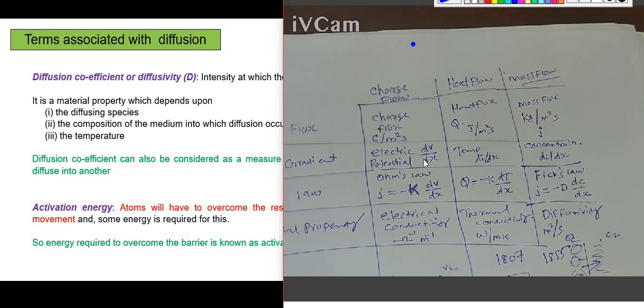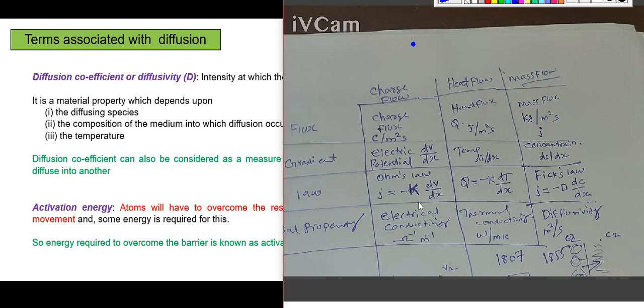The gradients are dV by dx, the electric potential, the temperature gradient, and the concentration gradient. The laws are Ohm's law, Fourier's law, and Fick's law. Our area is Fick's law. And these three are material properties: electrical conductivity, thermal conductivity, and for mass flow, diffusivity. Next we are going to discuss Fick's law.